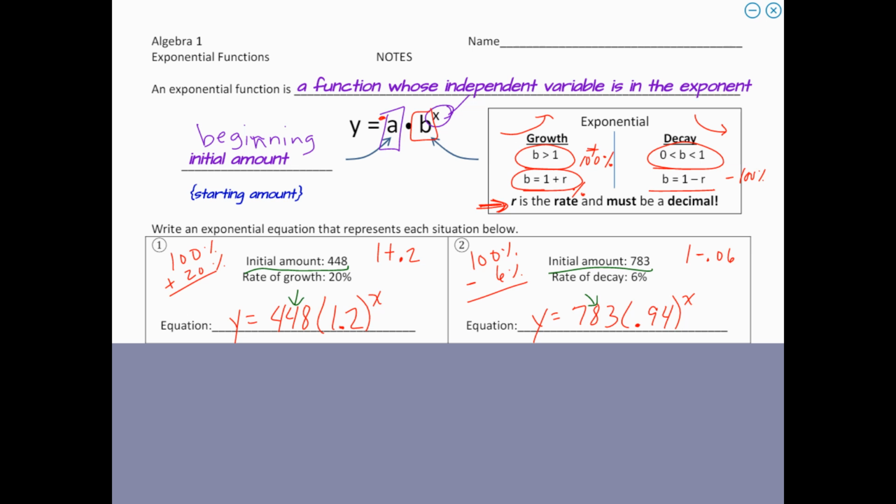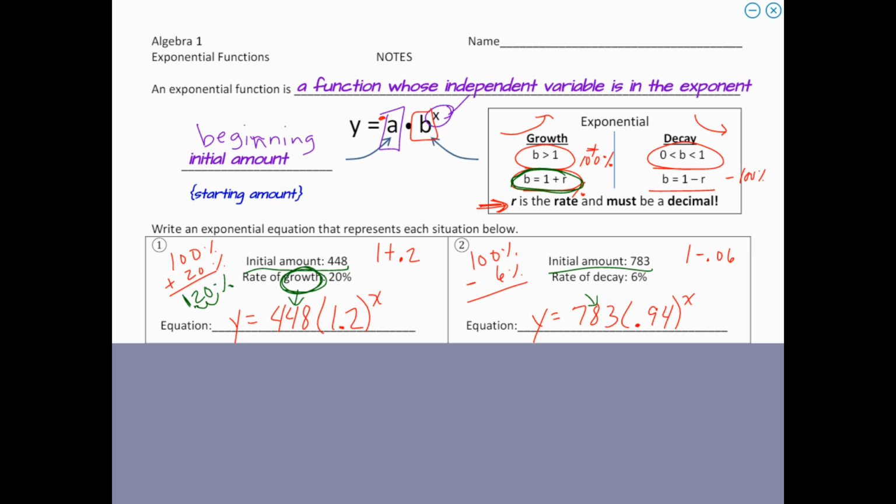The initial amount is that A that we start with. The rate of growth, though: this one says it's growing, which means I need to use this up here. I need to use 1 plus whatever my rate is as a decimal. So 1 plus 0.20, or if you want to think about it in percents, 100% plus 20% is 120%.